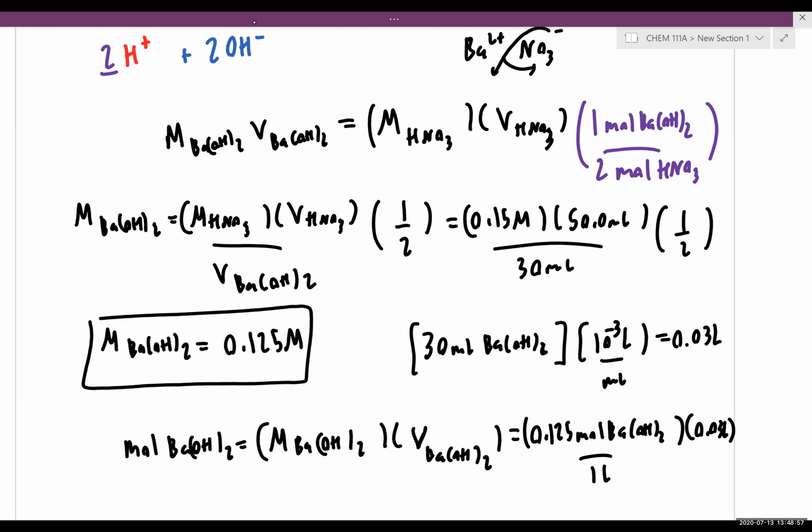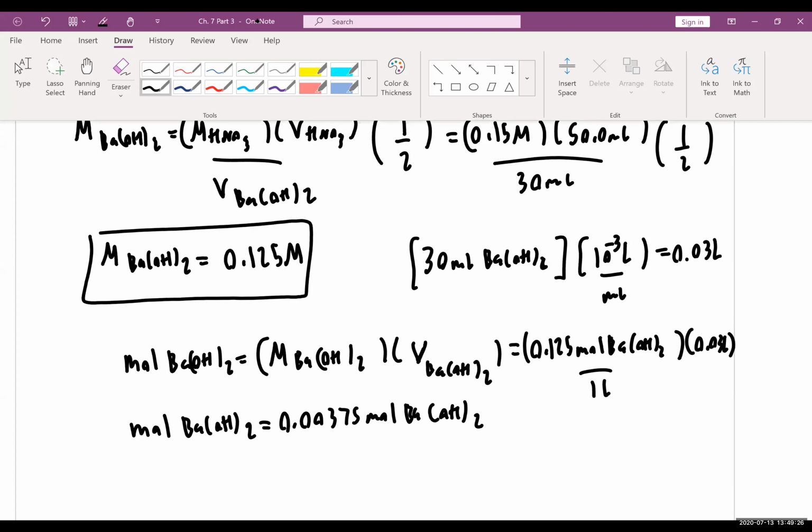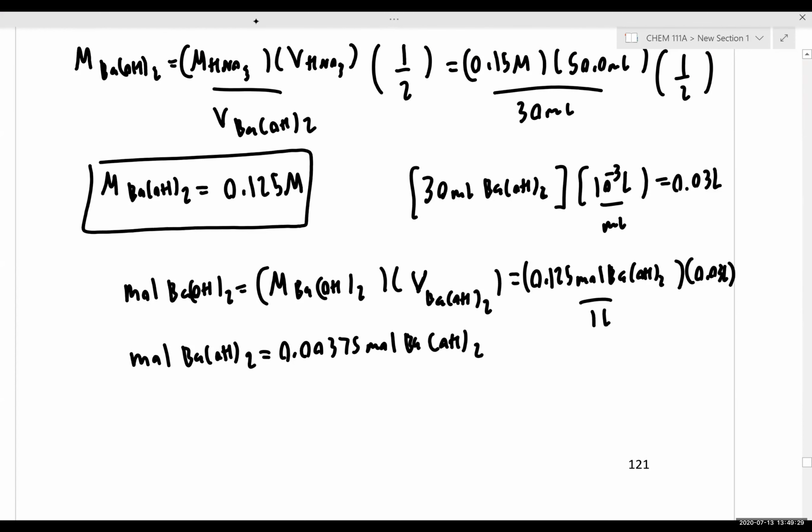Now, punching that into our calculator, we see that the moles of barium hydroxide are equal to 0.00375 moles of barium hydroxide. Now we know, looking as well at our chemical equation, which I'll write one more time.